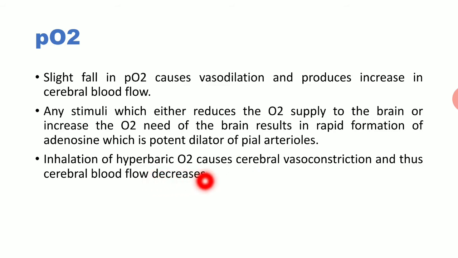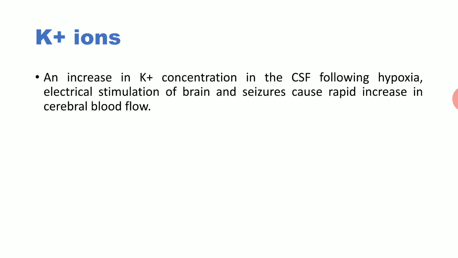Inhalation of hyperbaric oxygen causes cerebral vasoconstriction, and thus cerebral blood flow decreases. Potassium ions: increase in potassium concentration in CSF following hypoxia, electrical stimulation of the brain, or seizure causes rapid increase in cerebral blood flow.